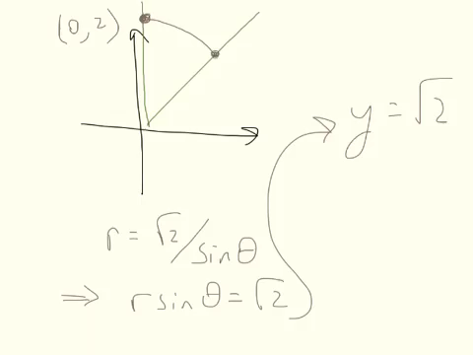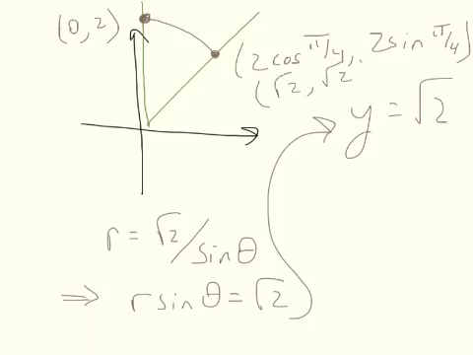And what about this point? This point is at (2 cosine pi over 4, 2 sine pi over 4), which is (root 2, root 2). So a line at a height of root 2 goes through that point, and it goes across like this.